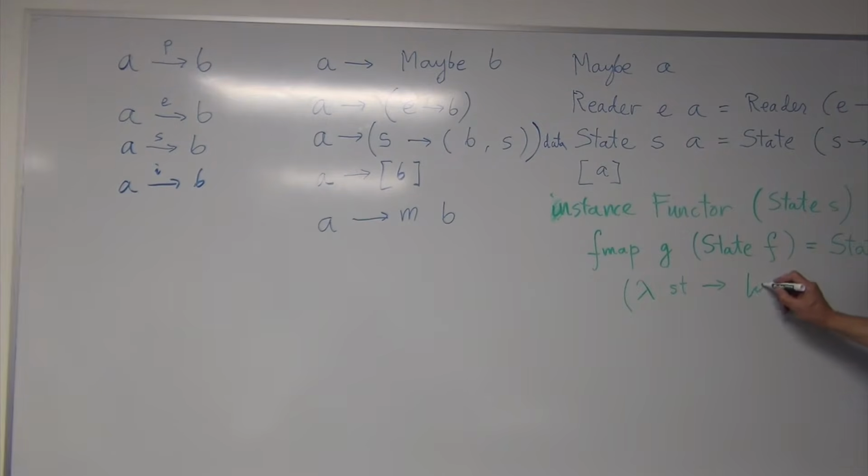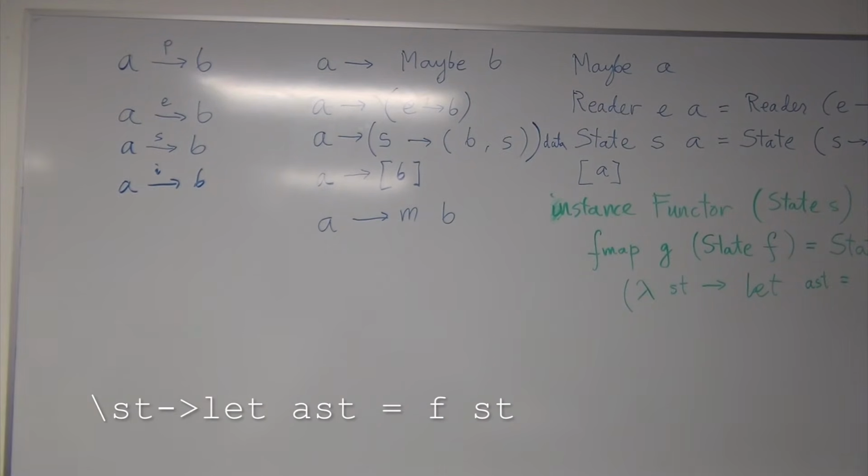So we use the let. Normally we would say let statement, but that's really not right. Everything in Haskell is an expression rather than a statement. So let is actually an expression that returns some value. So let, and we are giving a name, let's say AST, for instance, equals, and here we're applying F to ST. But now this AST is a pair of A and state.